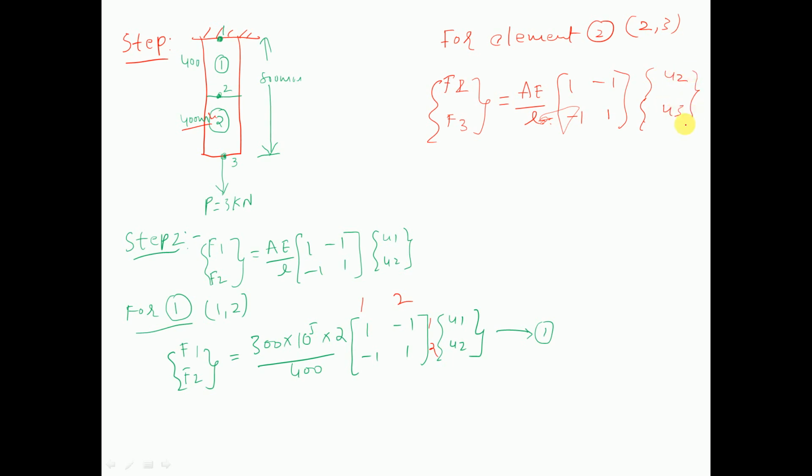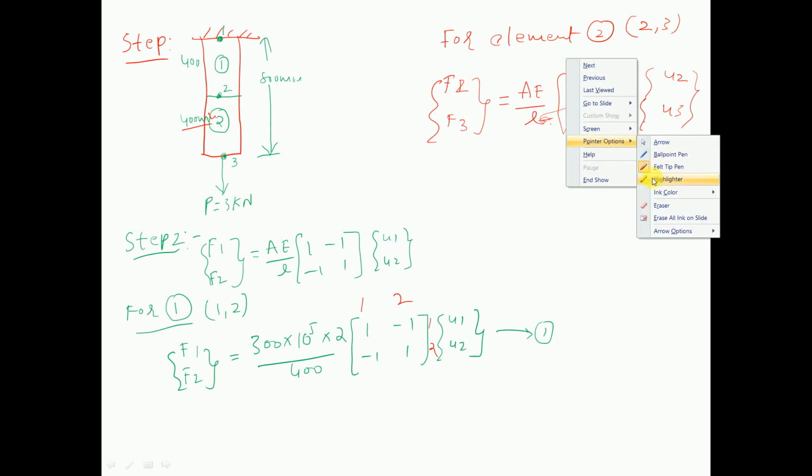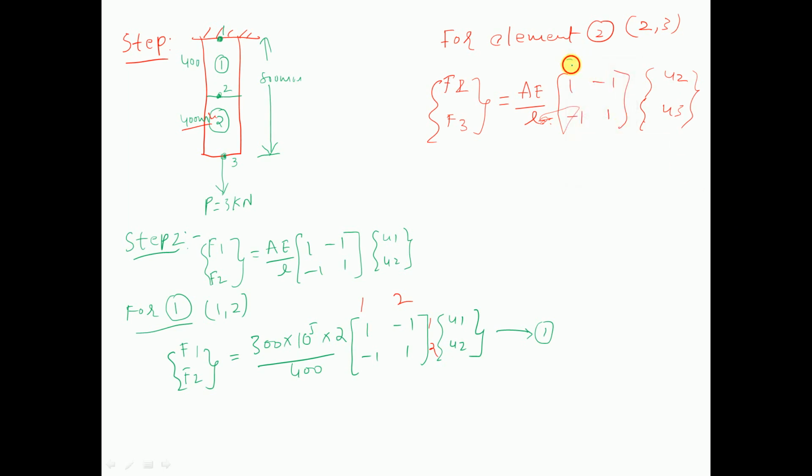And similarly again we have to give the node numbers here like this, 2 3.